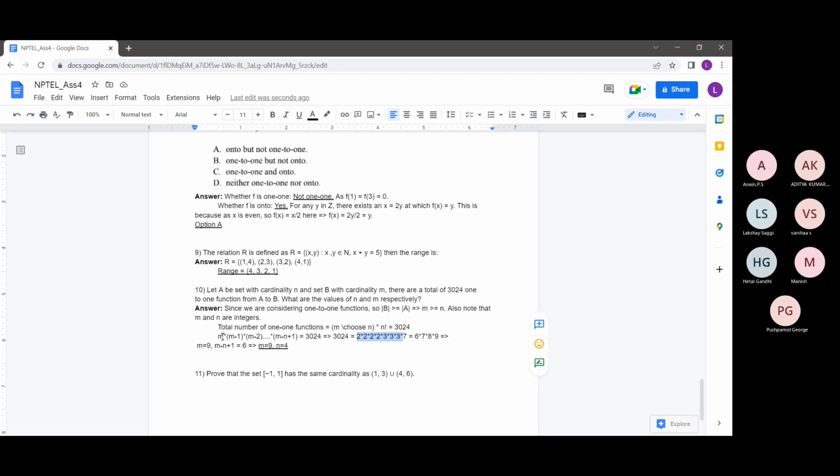You can see that the main properties used were that these are integers, and we need to find products of consecutive integers. There could be multiple ways: this was 6 times 7 times 8 times 9, but suppose we were able to factorize it into 14 into 15 into 16 or something like that.